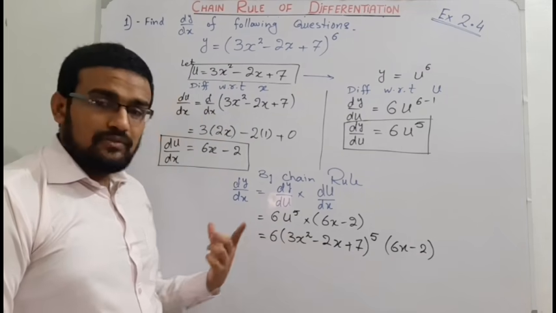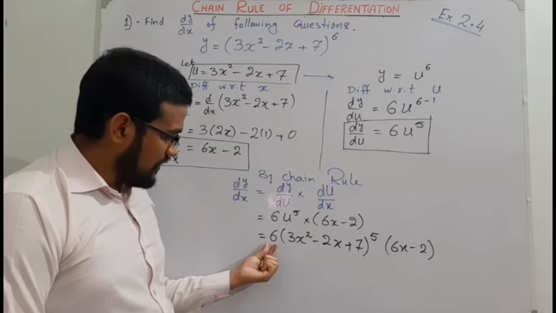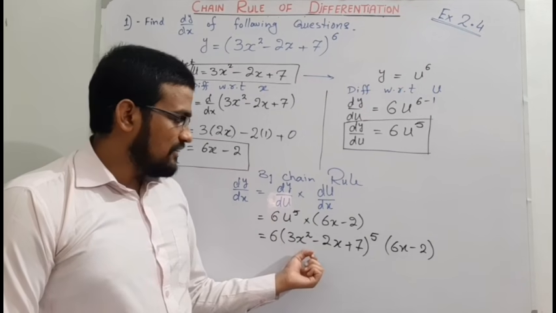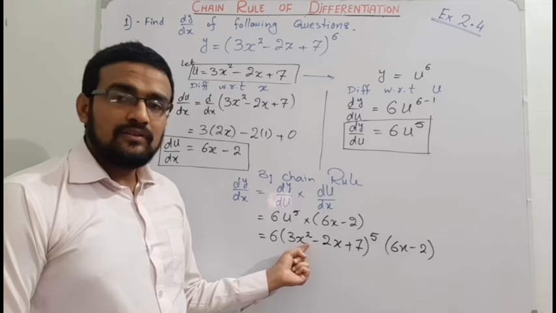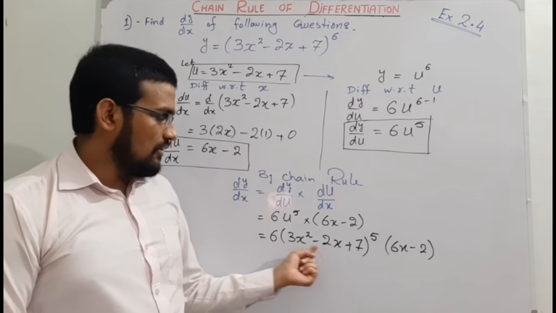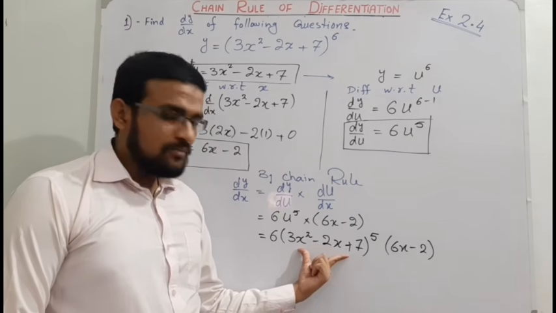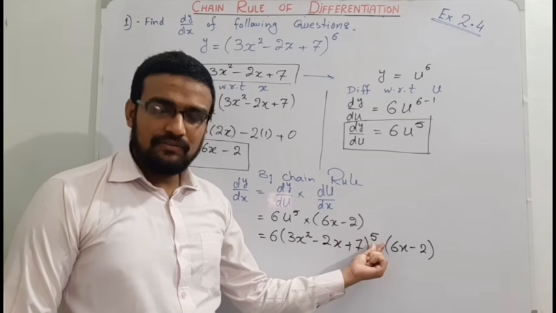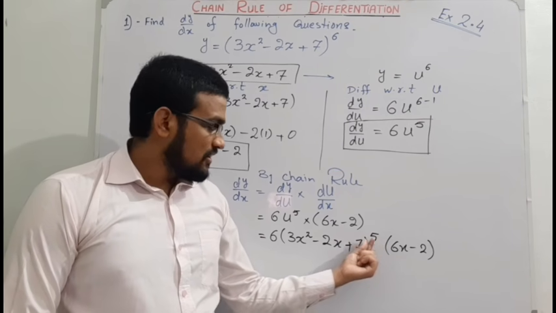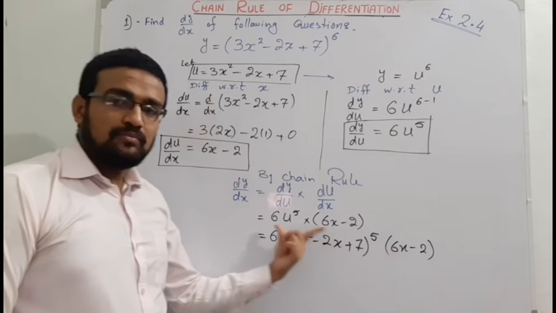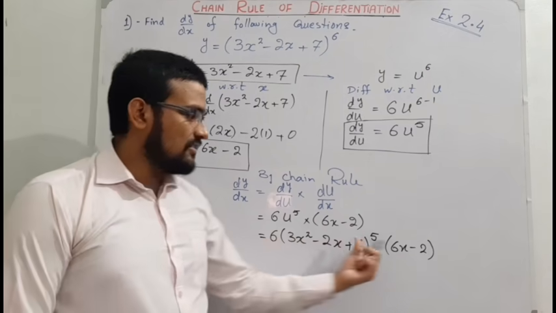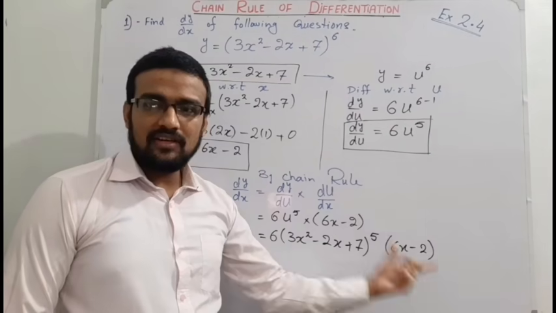Okay, but do not forget, 6 does not multiply with this one, because this term has the power 5. It means it cannot multiply with this or this.